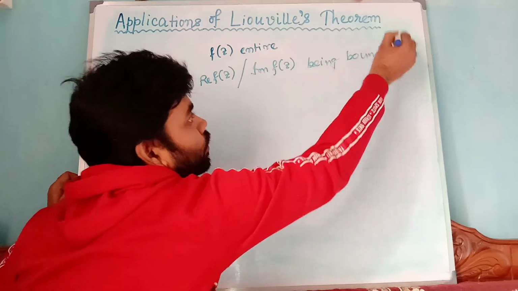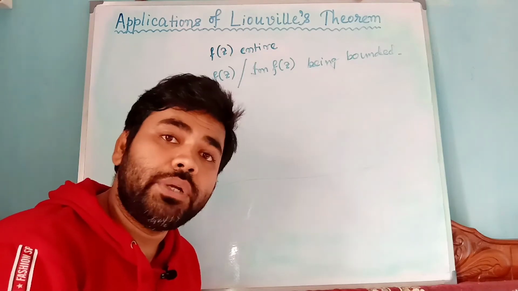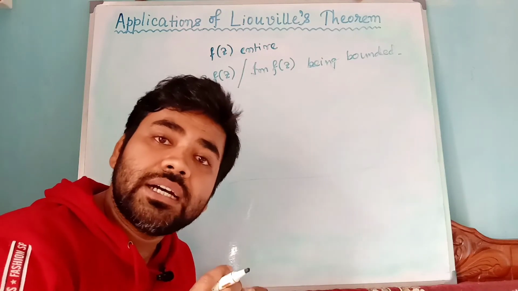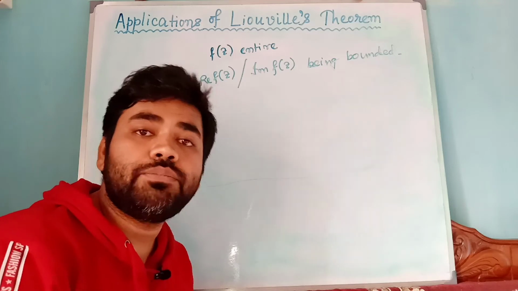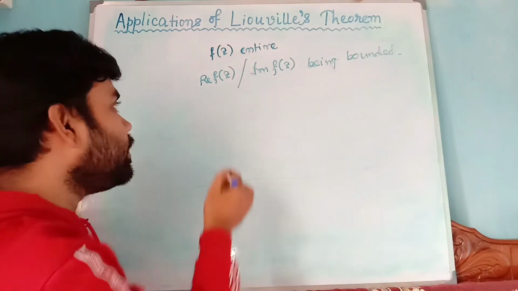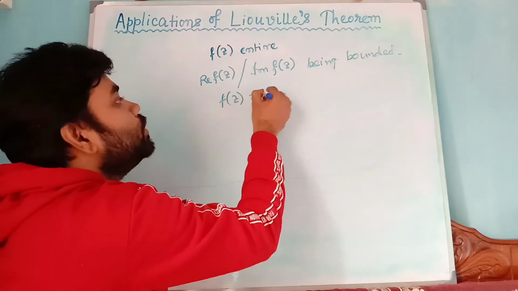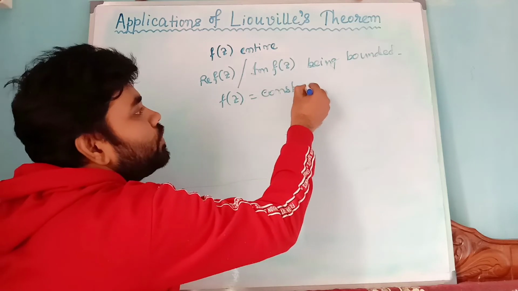So we do not need f(z) to be bounded; we just need the real f(z) or the imaginary f(z) portion to be bounded. Then only f(z) will be equal to a constant. We can prove this easily.